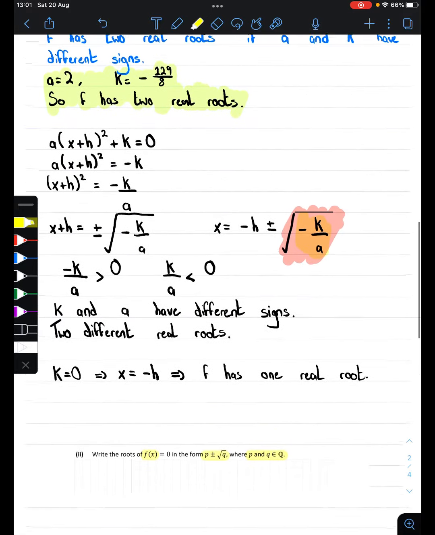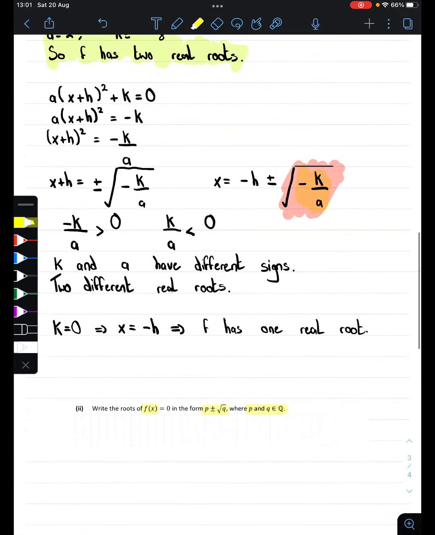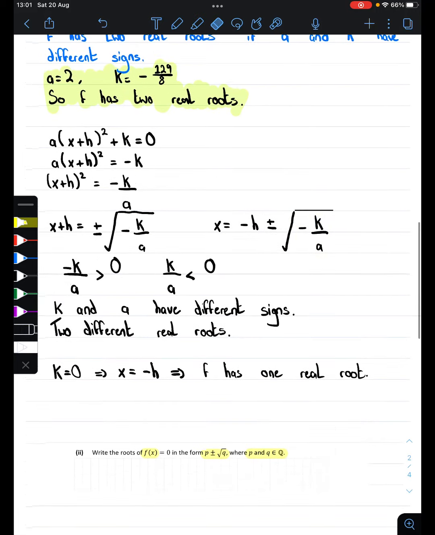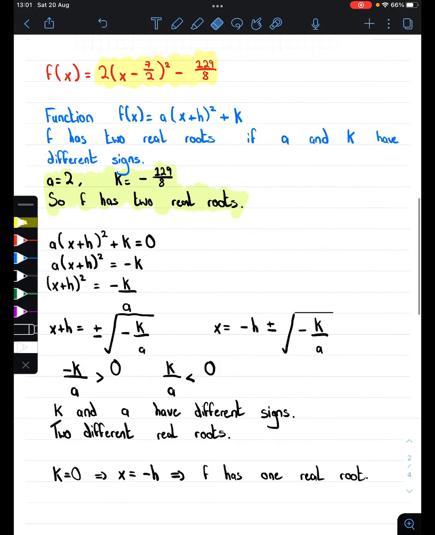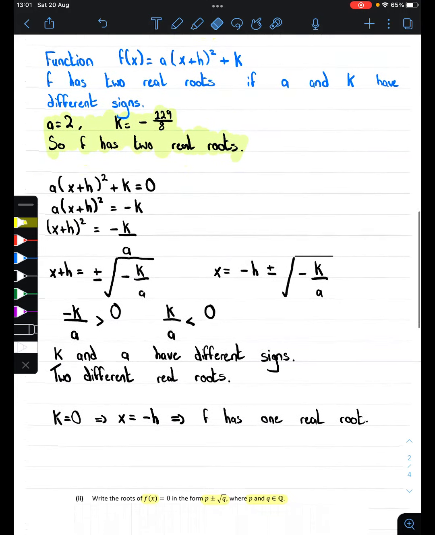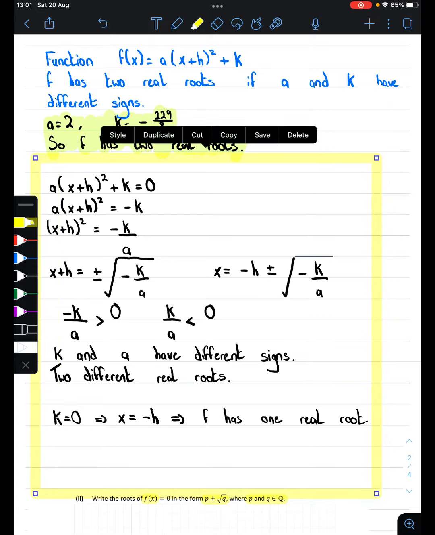Okay, so we've actually sort of done that, for people who listened to my spiel about why f has two real roots if a and k have different signs, which is just this section here. We actually already wrote this.